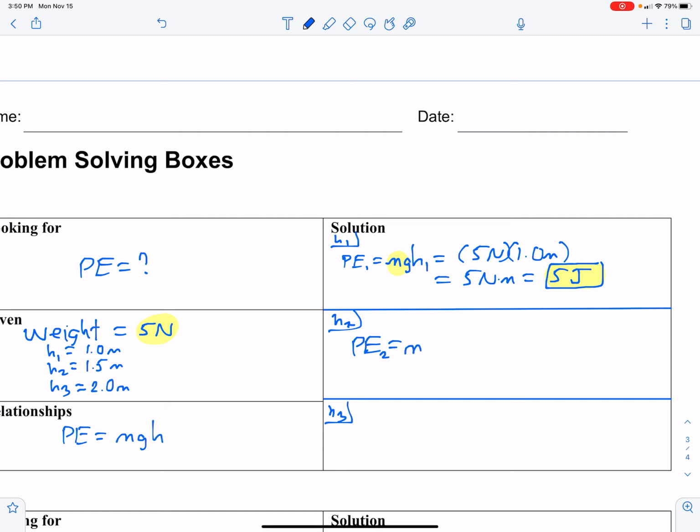Potential energy on the second shelf, mg times H2. Again, you're substituting for the whole weight mg, not just the mass. So again, it's going to be 5 newtons times height 2, which is 1.5 meters. And from this, we get 7.5 Newton meters, or 7.5 joules.